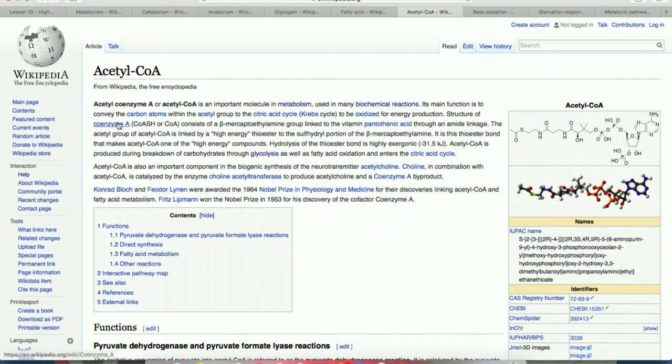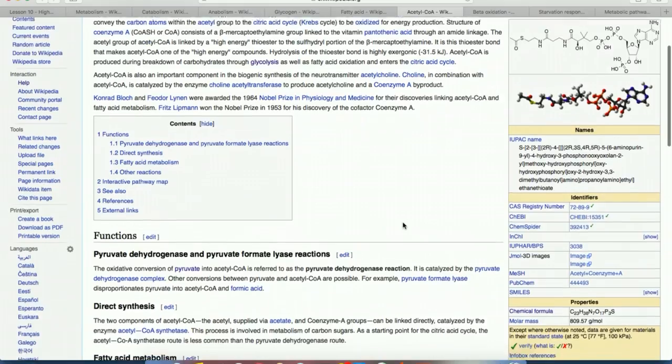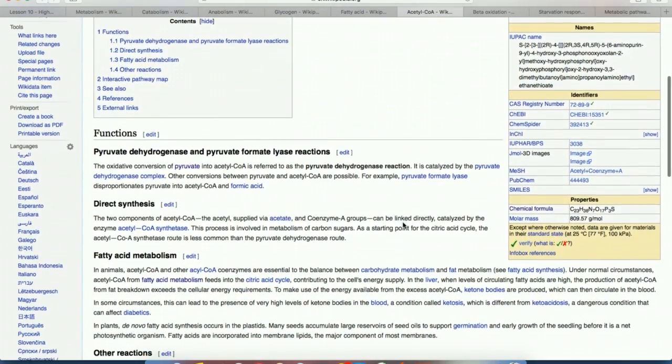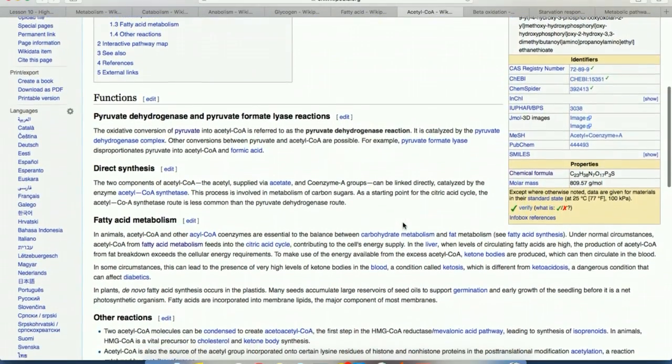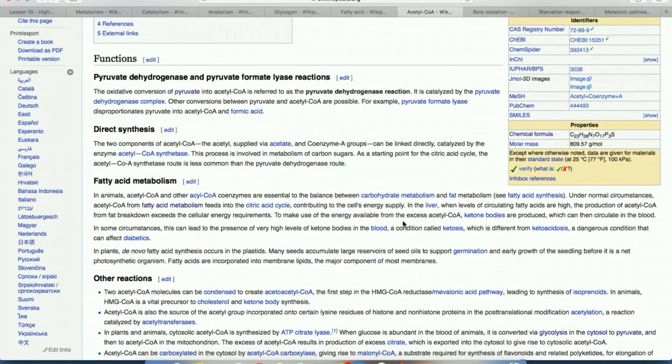All right. So its main function is to combine the carbon atoms within the acetyl group to the citric acid cycle to be oxidized for energy production. Yeah, I remember that in cellular respiration, the pyruvate was oxidized and converted into acetyl-CoA, and then that was used in the citric acid cycle.